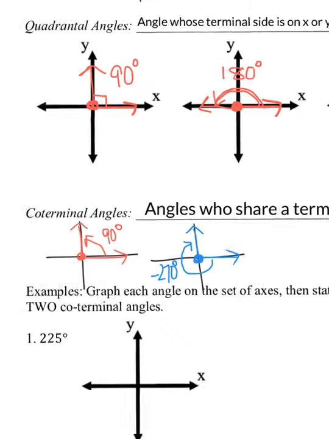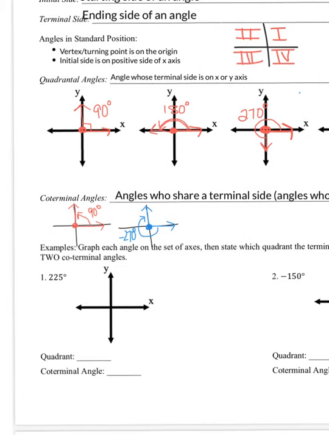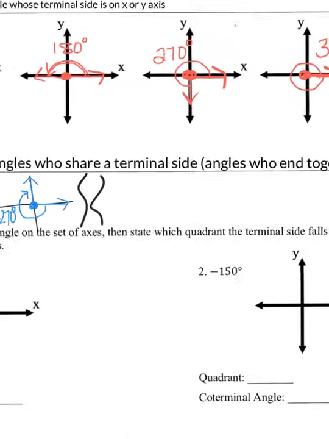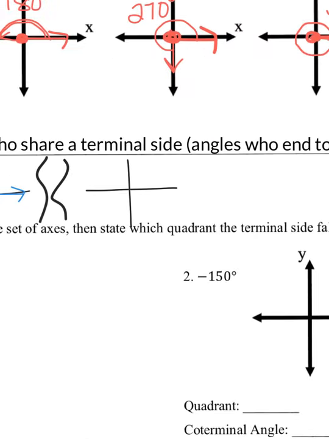Okay, so the way that you find coterminal angles, let me give you another example. If I give you this, we'll just call it 30 degrees, right? This is 30 degrees. What you could have done to get there, right?